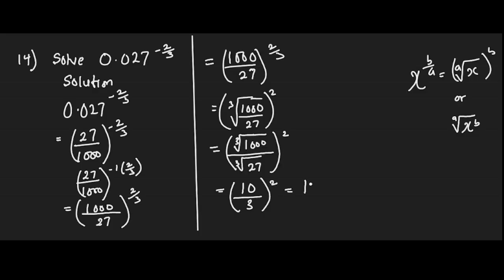Here we are going to have 10 raised to power 2 all over 3 raised to power 2. So that's going to give us 100 over 9. So we have solved 0.027 raised to power minus 2 over 3. So the answer is 100 over 9.